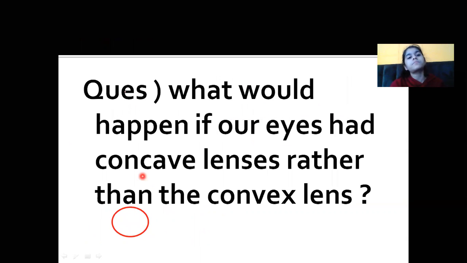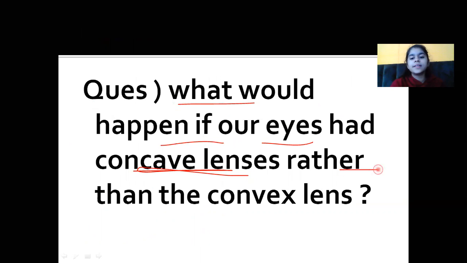Okay, now there is a question for all of you. What would happen if our eyes had a concave lens rather than a convex lens?